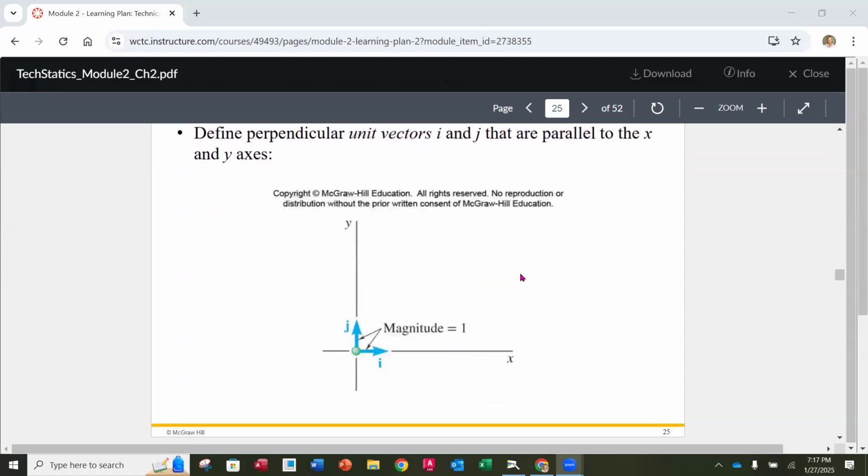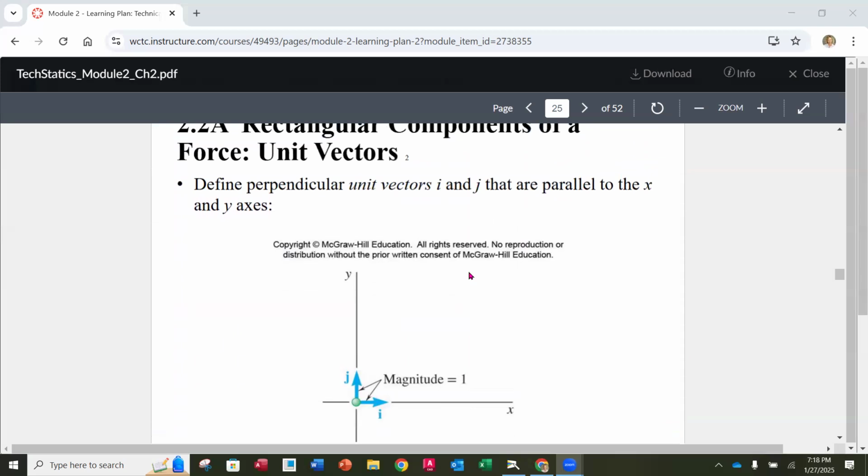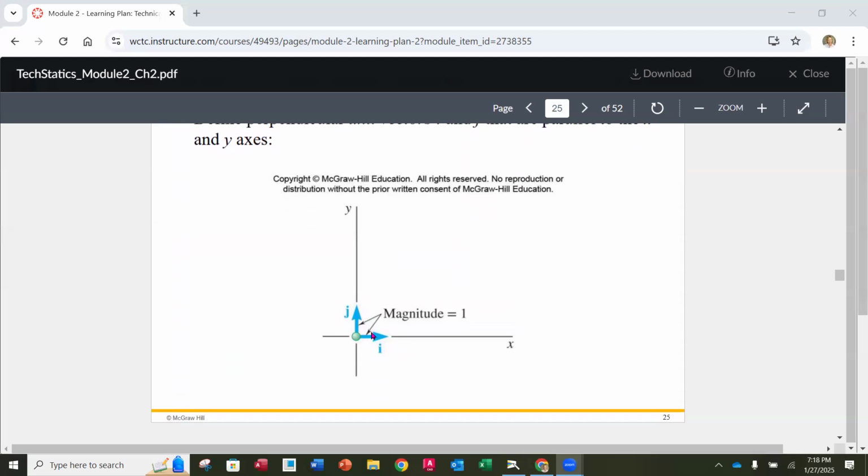So rectangular components. I'm going to skip over this. Some of you may have seen the reference to I, J, and K in equations. All that is, I and J are your X and your Y coordinates, K would be a Z coordinate. All that is doing, instead of throwing a vector above the variable or using the greater than symbol in back of the operator, it's saying that this is a vector quantity.